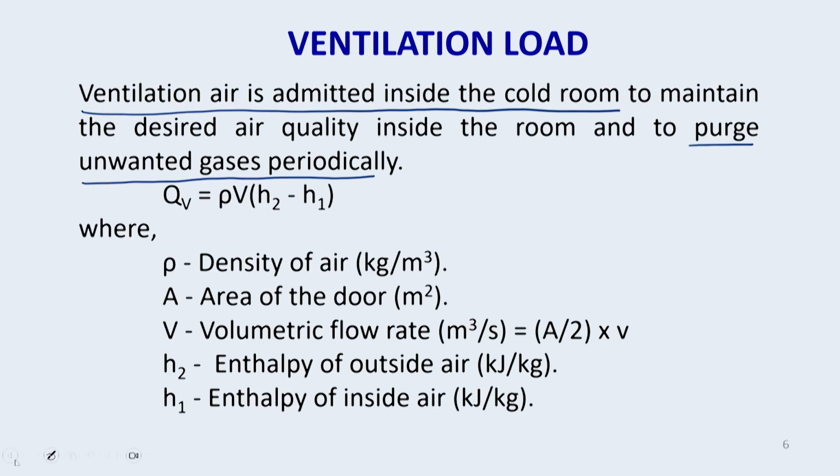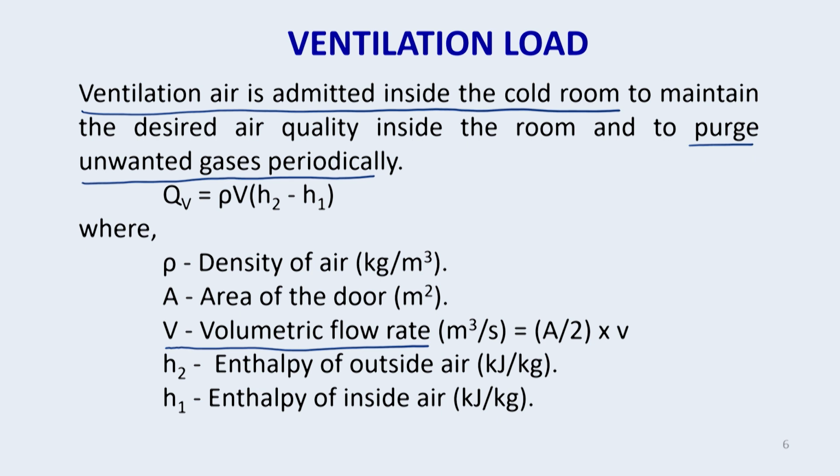So V is the volumetric flow rate of air. It is not velocity. If you know the area and the velocity, the basic formula is volumetric flow rate equal to velocity multiplied by the area.